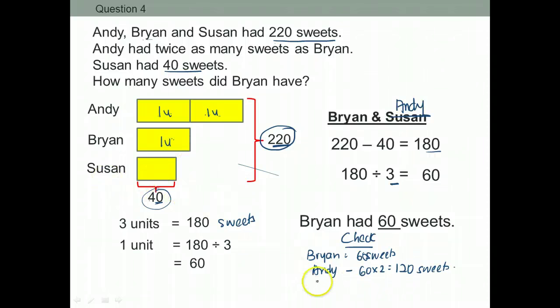And I know that Susan has 40 sweets. So altogether, I would have 60 plus 120 plus 40. That will give me 220 sweets, which is what they have altogether.